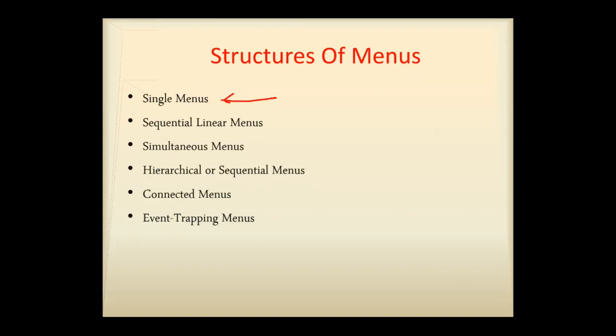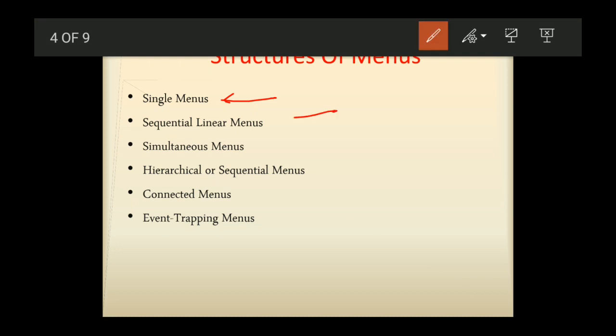Moving on to the next one, that is sequential linear menus. Sequential linear menus are presented on a series of screens possessing only one path of navigation. The menu screens are presented in some preset order, and their objective is for specifying parameters or for entering some data.